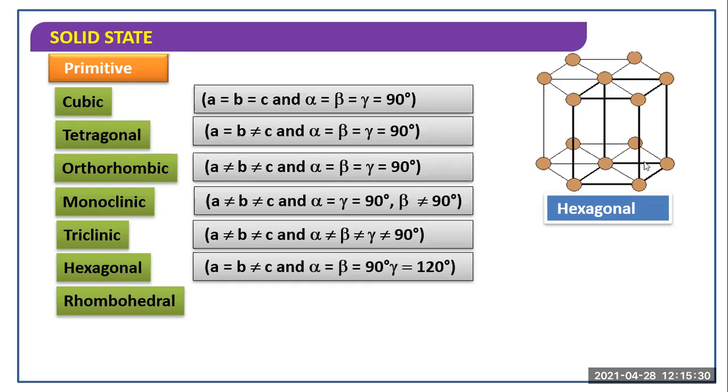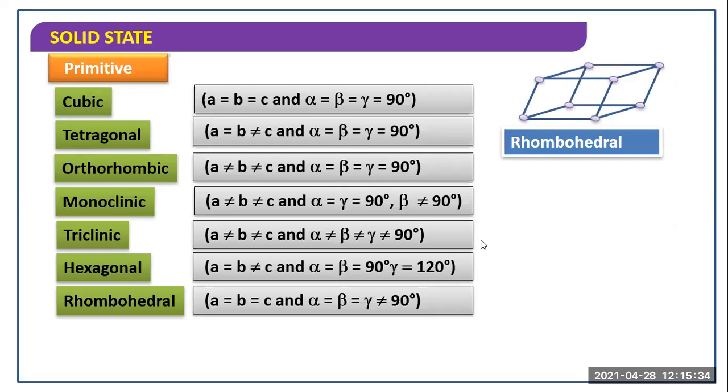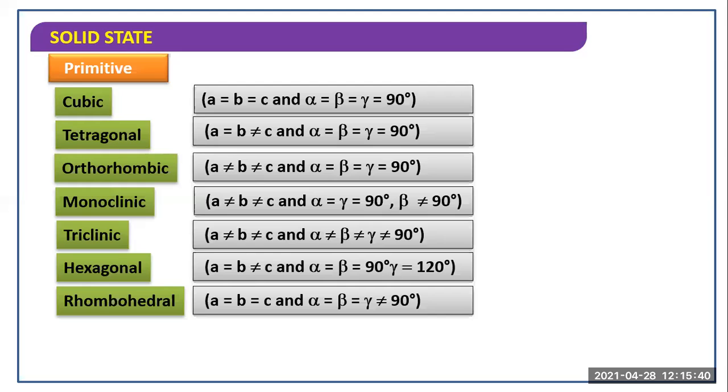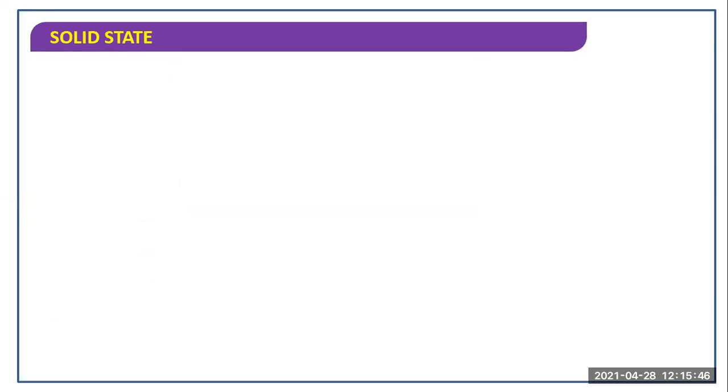This is 120, this is 120. Okay. Rhombohedral, A equal to B equal to C, and alpha equal to beta equal to gamma not equal to 90 degree.